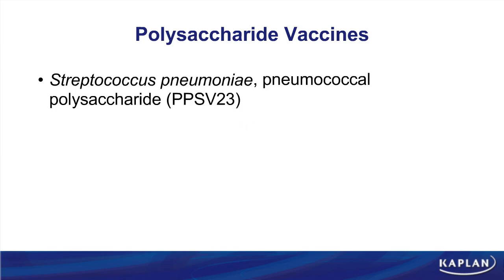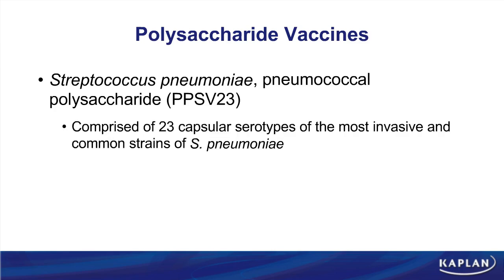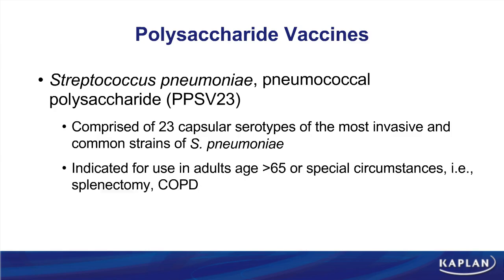So the current only polysaccharide vaccine that we use right now in the US is the adult pneumococcal vaccine, or the PPSV23. This vaccine is comprised of 23 of the common capsular serotypes associated with the most severe disease in that age group. So typically, it is indicated for adults that are 65 or older, or, of course, individuals that have special circumstances, whether it's COPD or, of course, splenectomy.